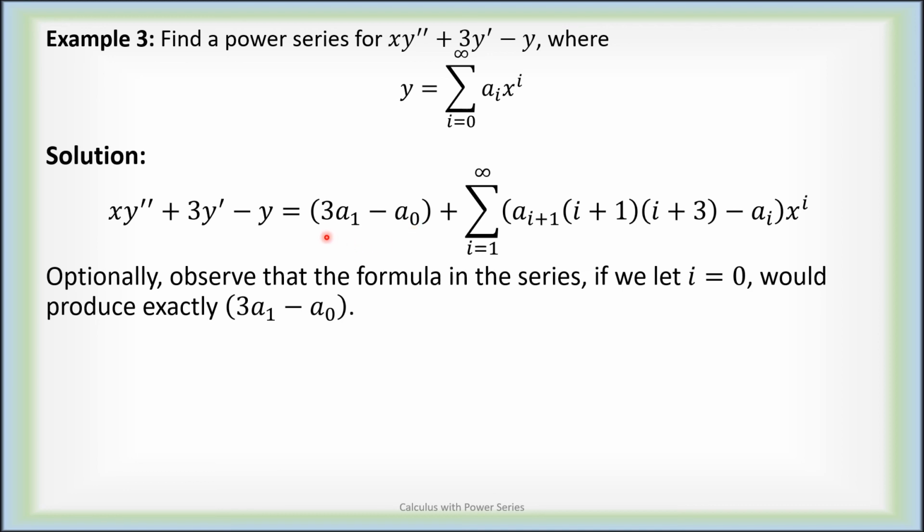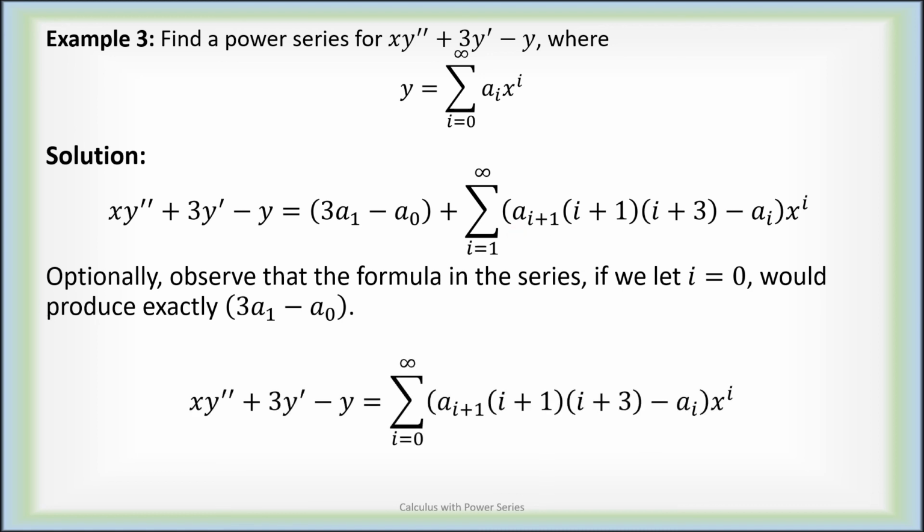So this term that we manually split off exactly corresponds to what this formula would have predicted for index 0 anyway. So we can just let our series start at index 0 and recover the constant term inside the series exactly as it was written. So xy double prime plus 3y prime minus y is the sum over all indices from 0 to infinity of a sub i plus 1 times i plus 1 times i plus 3 minus a sub i times x to the i.